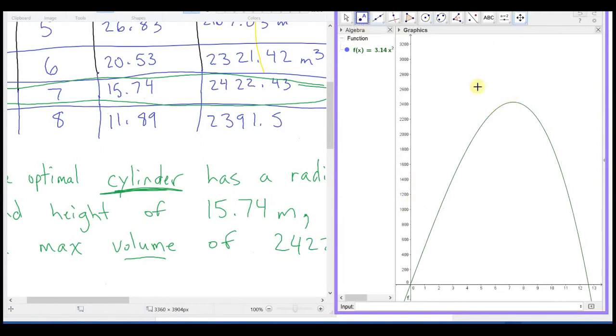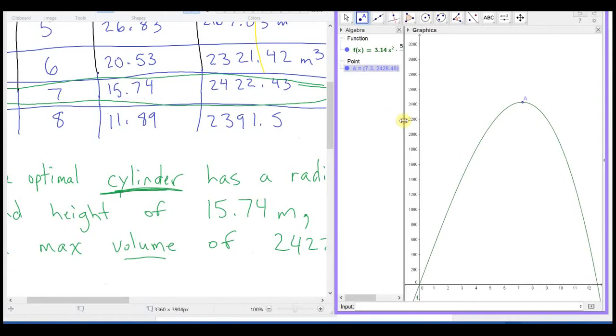If I can place a point on it, I could drag this point around until I see the highest number. 24.28. Oh, I want to see a little bit more here. 28.49. Now it's going down.